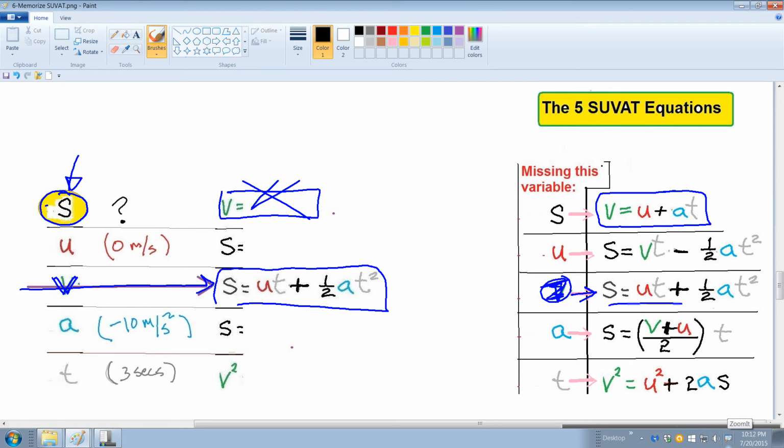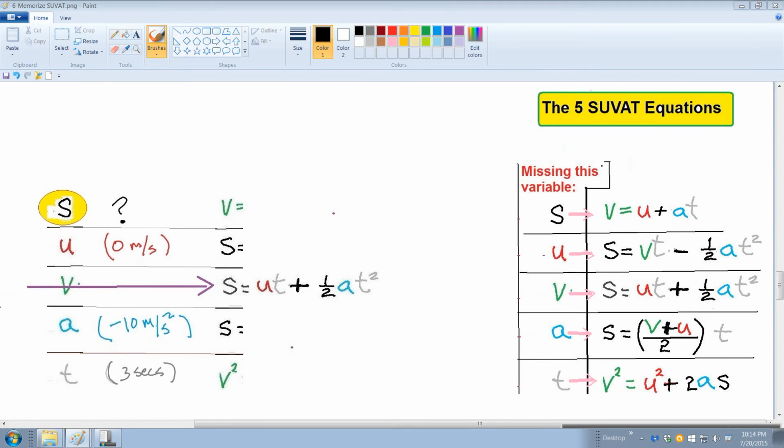So this is a good equation because it contains 4 out of the other 5 variables. It doesn't have V, but it has s, u, t, and a in it. And we have 3 of those data points. Now, again, we notice that we don't have V.